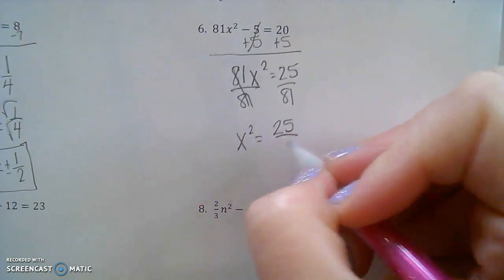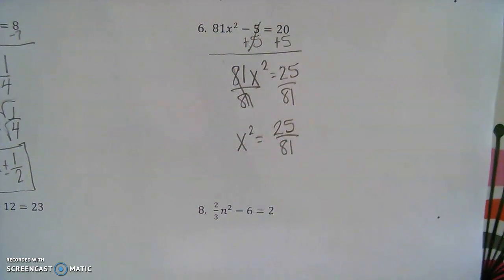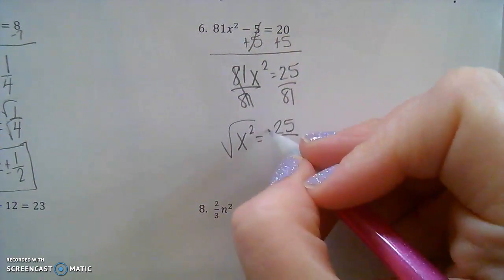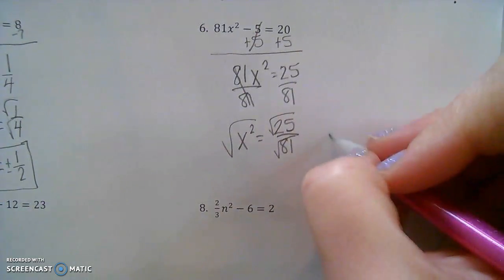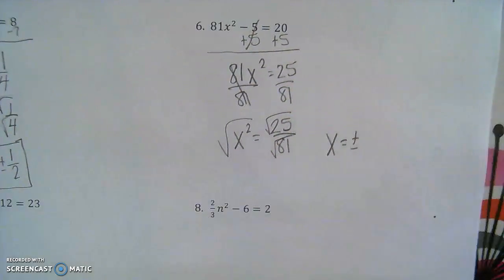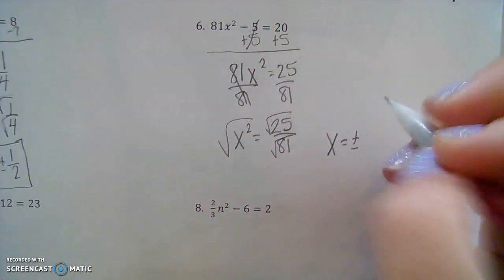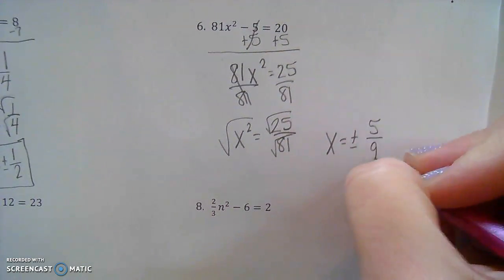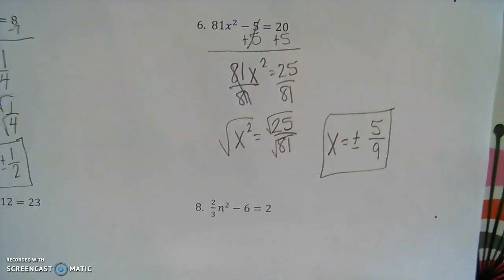So we just leave it. We do not make it a decimal. You should recognize that both of those are perfect squares. So we take the square root of each thing. X equals, don't forget the plus and minus. Square root of 25 is 5. Square root of 81 is 9. So plus or minus 5 over 9, and you'll leave it like that.